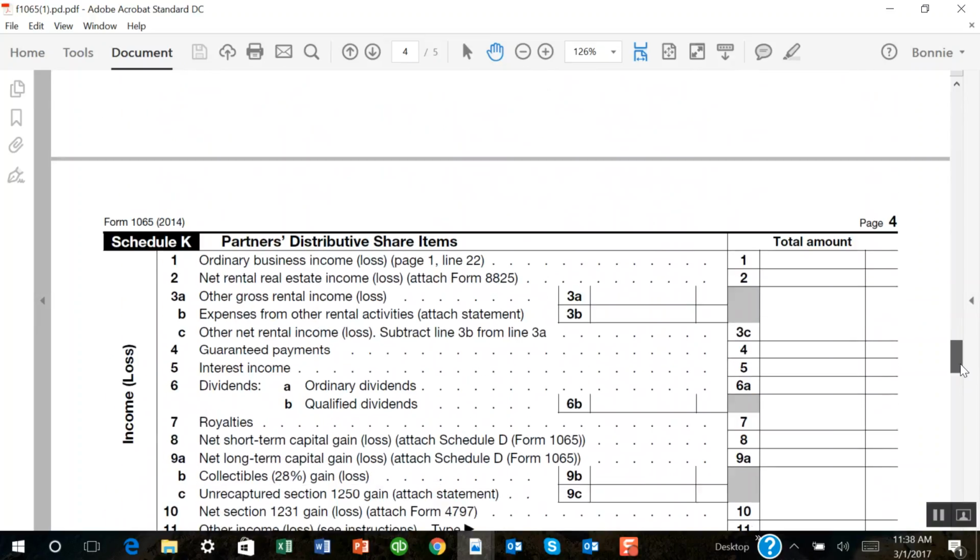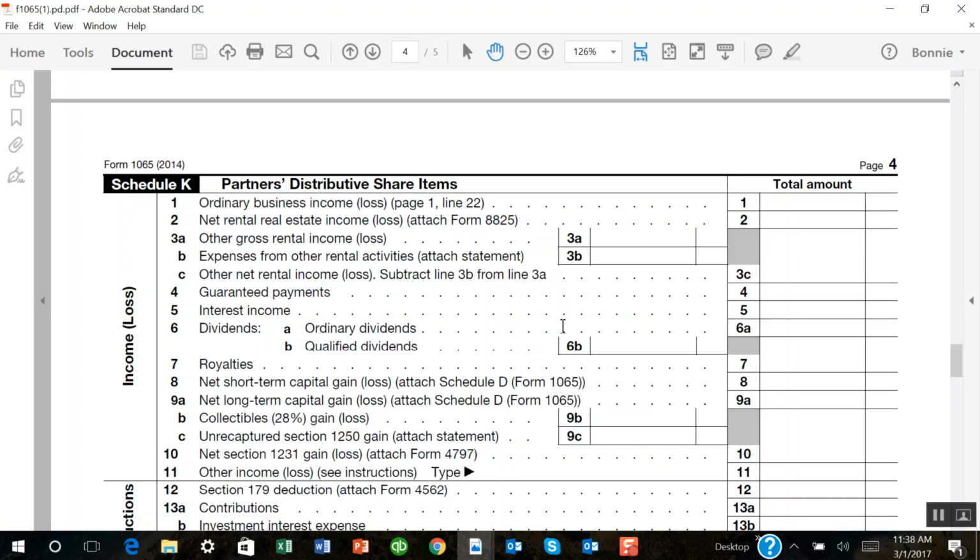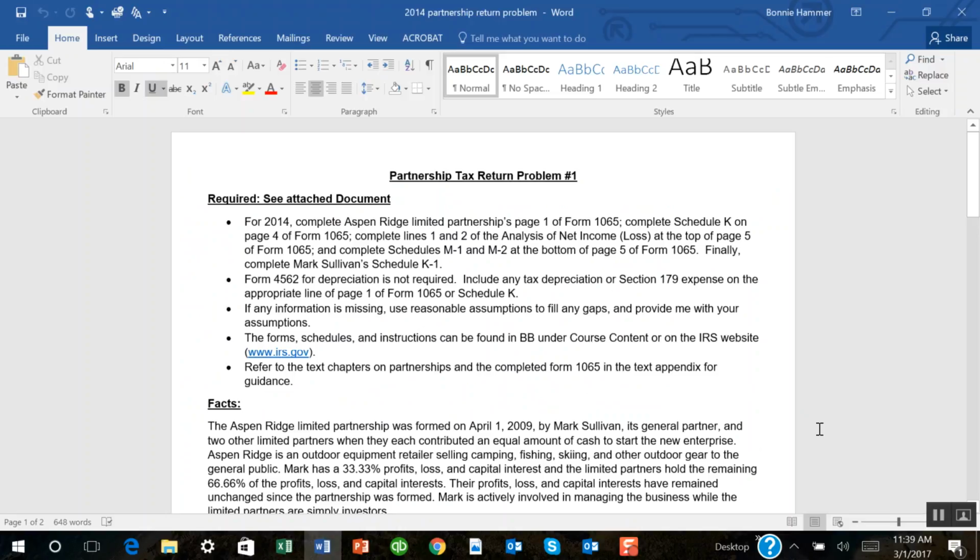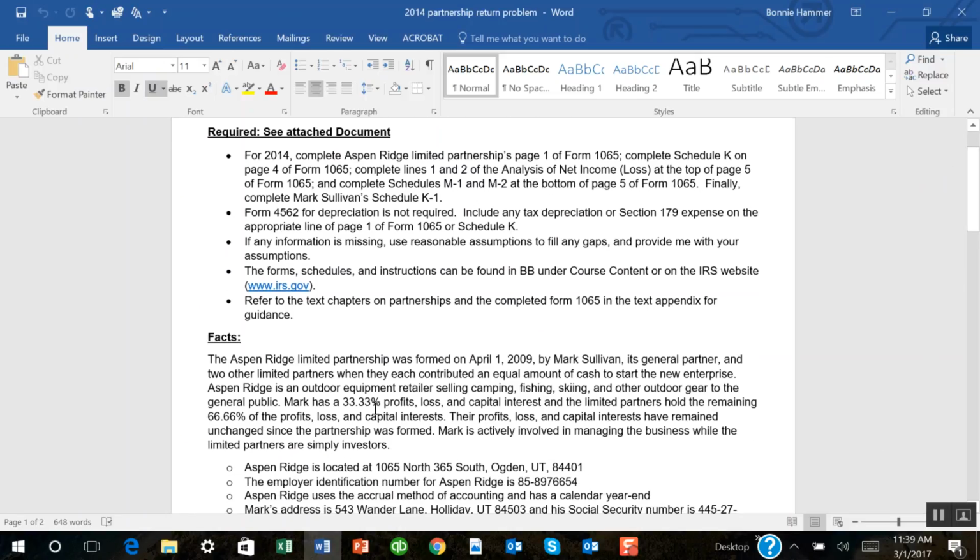Why? Because on Schedule K, you're going to multiply each of the items on this page by each partner's distributive share. So let's say that Mark is the one we're going to have to fill out a K-1 for, and Mark has a 33 and a third percent interest in the profits, loss, and capital of the partnership.